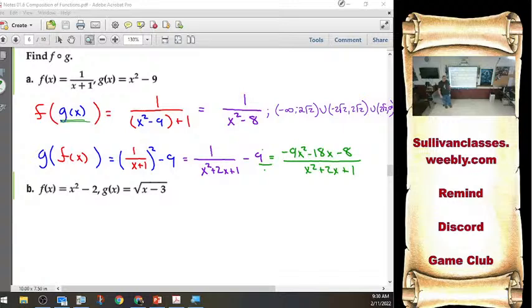Common denominators. Multiplied top and bottom by that quadratic, and then combine like terms. Okay? You do not have to go to purple. I'm just saying, if you want to get fancy, there it is.